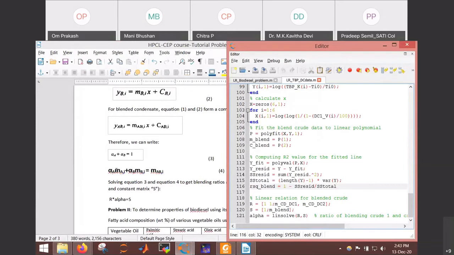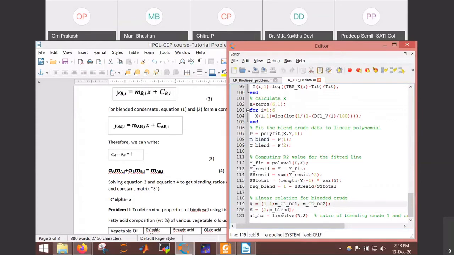In the second row, the coefficient of alpha A is MA for the first crude, and the coefficient of alpha B is MB for the second crude. So I have this matrix. For the right hand side, I have 1 here and MAB, which is the slope of the blend found here. All these slopes I have already found.